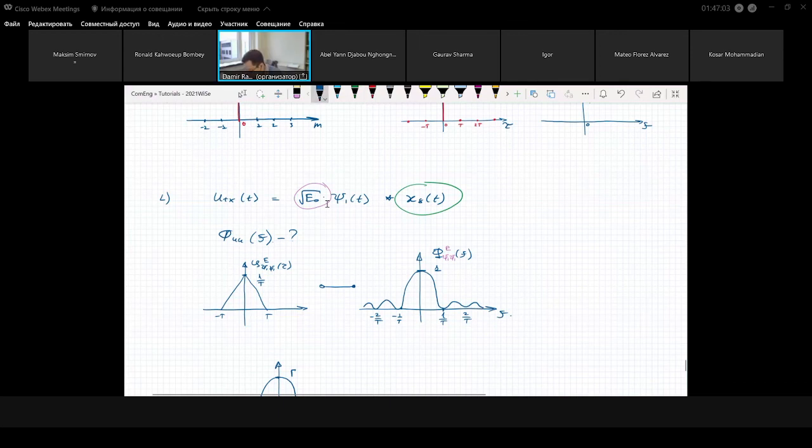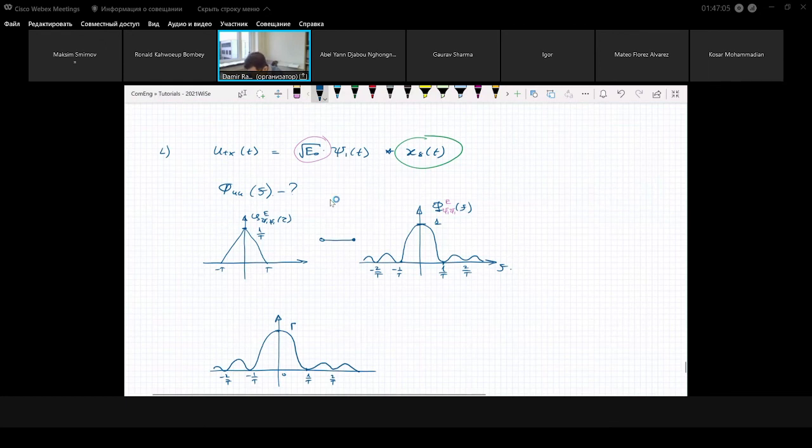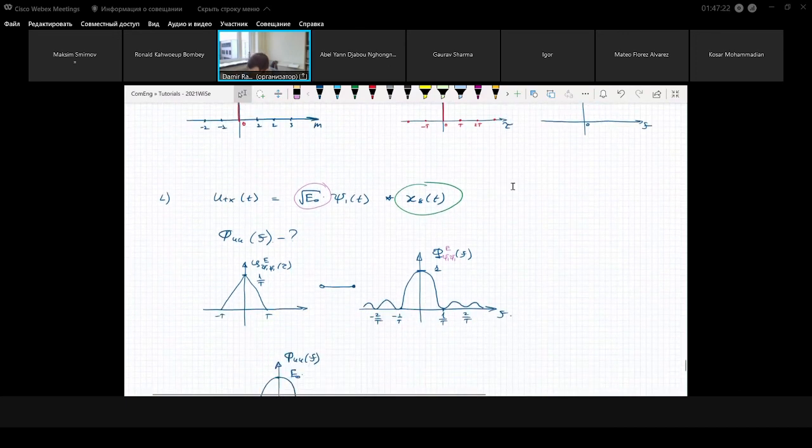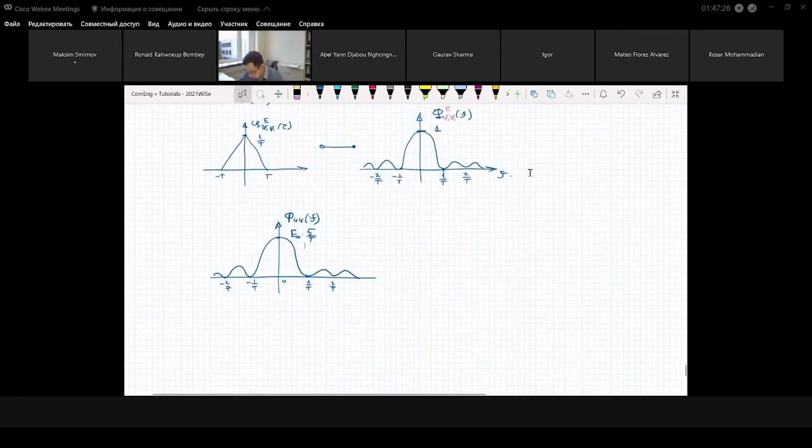So we write that our resulting power spectral density for signal U in the frequency domain will be E0 times 5 divided by capital T. This is what we get.